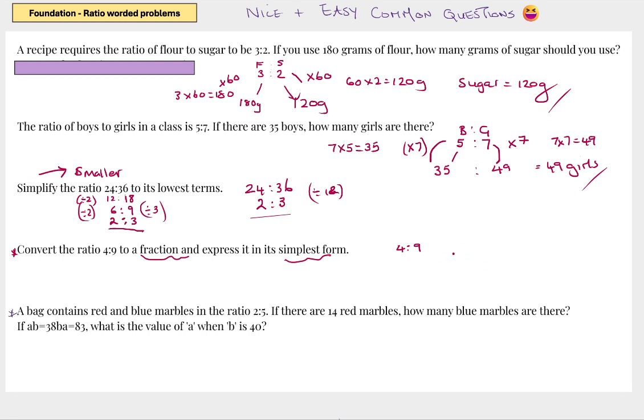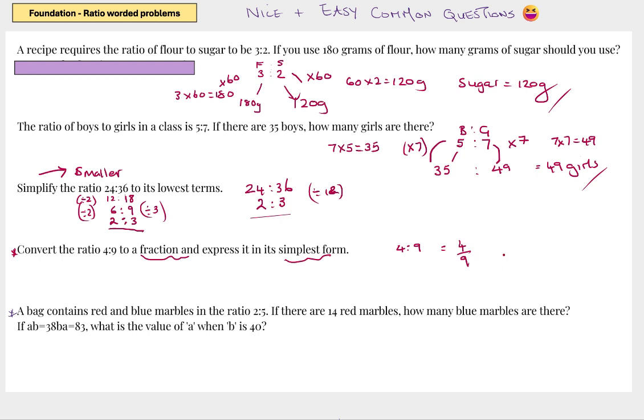Now, when I look at this, I know that 2 doesn't go into either, 3 doesn't go into either, and those are the only 2 options. So I now know that this is going to be 4/9 as a fraction in its simplest form because I can't simplify it anymore. So that's all it's asking you to do, not overcomplicating it.